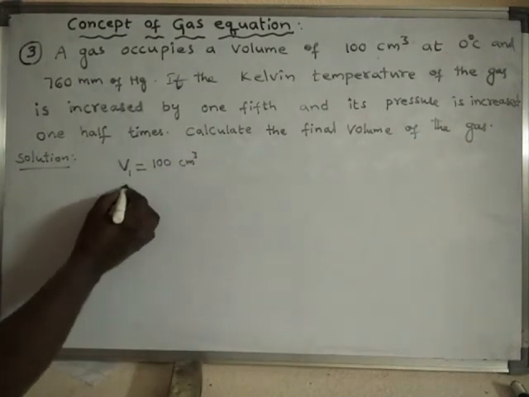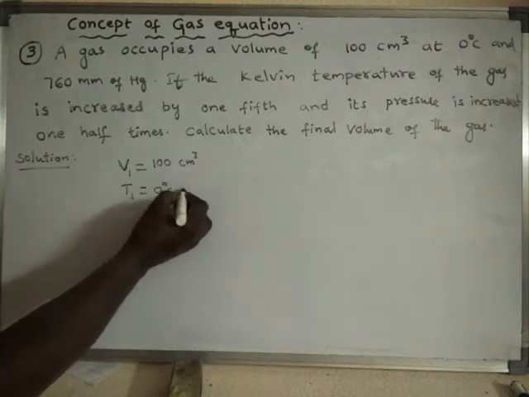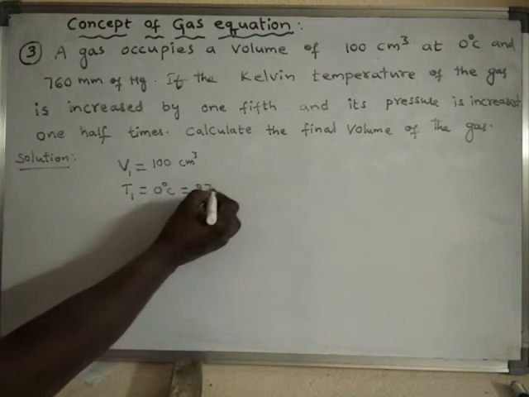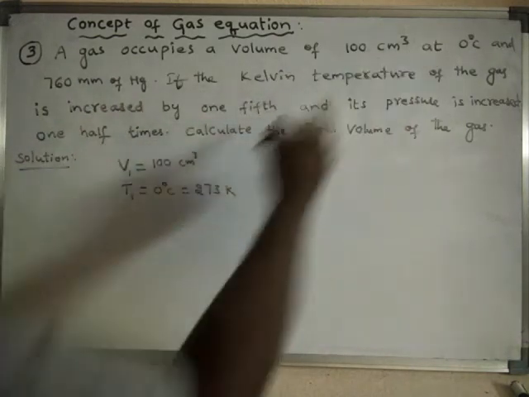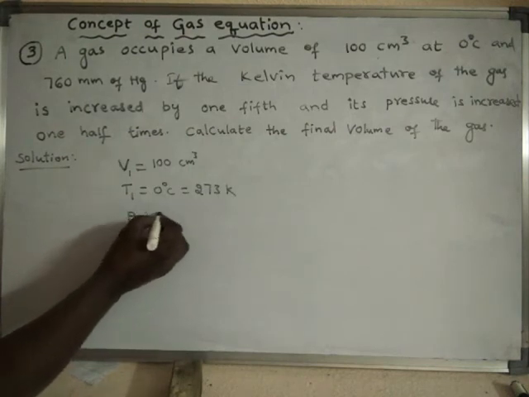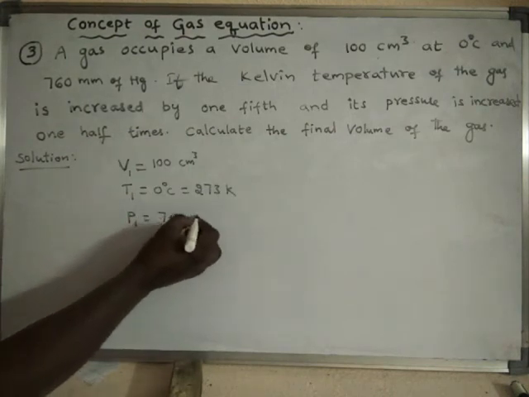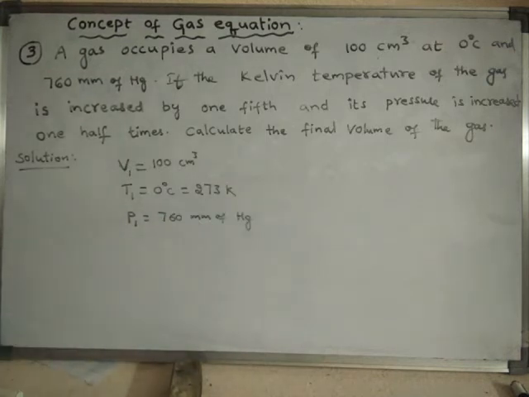What is the initial temperature? Initial temperature is equal to 0 degrees centigrade, or 273 Kelvin. What is the initial pressure? Initial pressure is 760 millimeters of mercury.